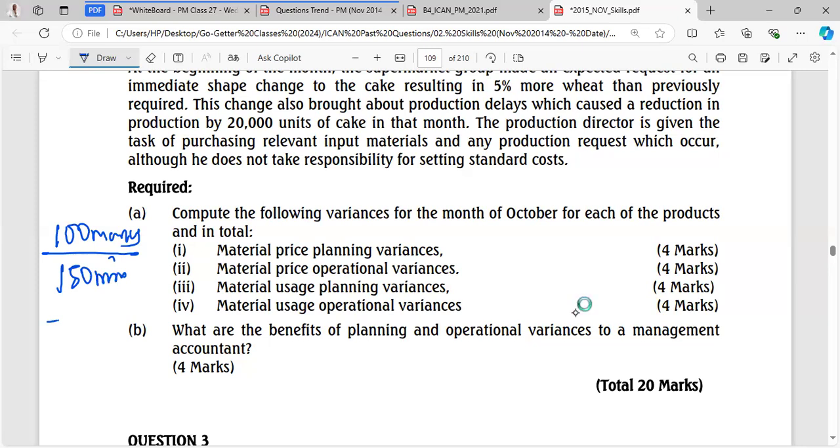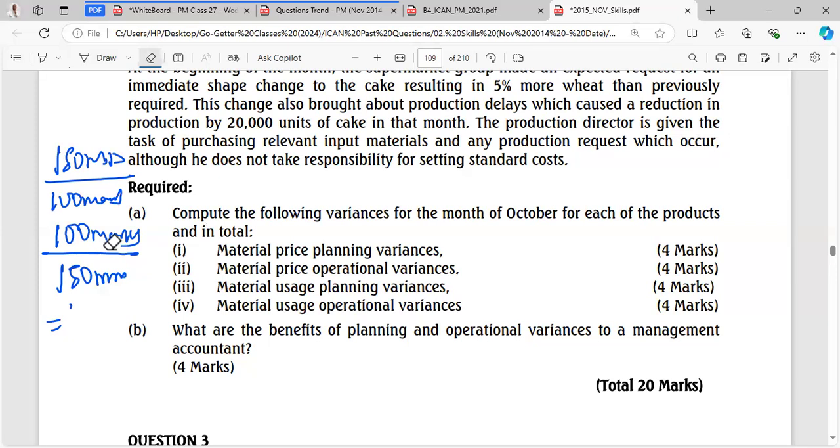150 minutes divided by 100 marks. We want to know how many minutes per mark that you want to use.